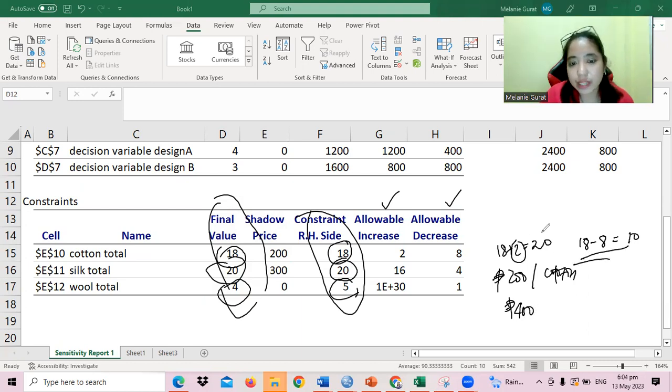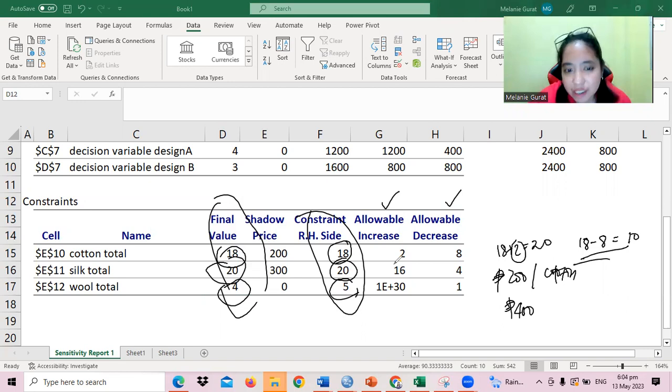And if we decrease it, it will also be decreasing. This is only the range of decrease and increase. If we go beyond or below that range, 10 to 20, the shadow price does not apply anymore. So that is what is meant by shadow price.